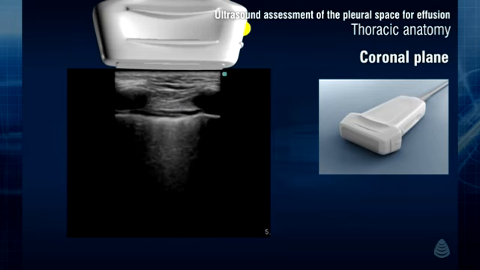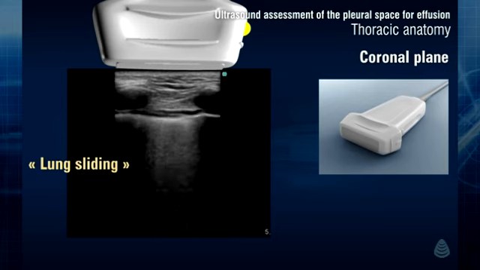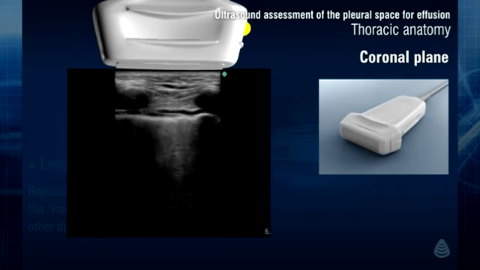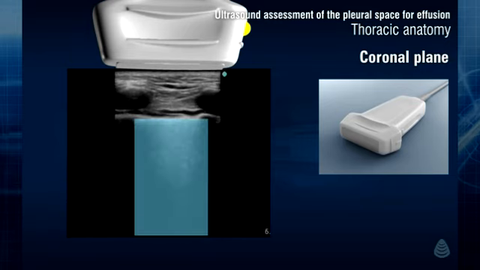The normal pleural line will be moving forward and backward with respiration, the so-called lung sliding. As previously discussed, lung sliding represents the normal sliding movement of the visceral and parietal pleura on top of each other during breathing. Below the pleural line, artifacts created by the air-filled lung can be visualized.